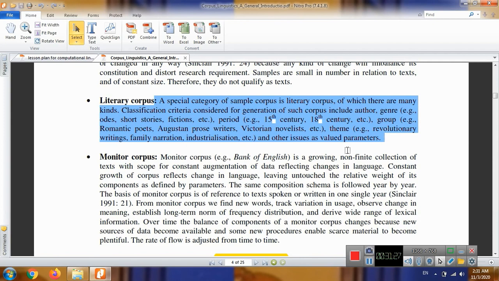Classification criteria considered for generation of such a corpus include author, genre, such as odes, short stories, fiction, period, which is 15th century to 18th century, etc. Group, like romantic poets, Augustan prose writers, Victorian novelists, etc. Theme, which is revolutionary writing, family narration, industrialization, and other issues as valued parameters.